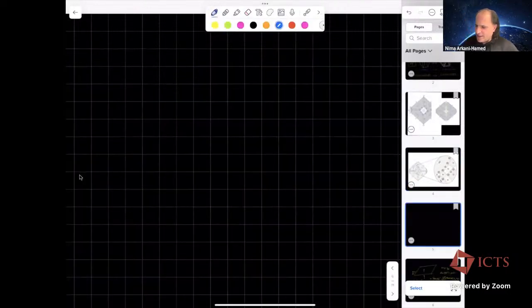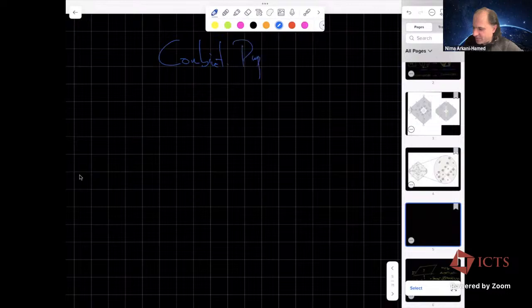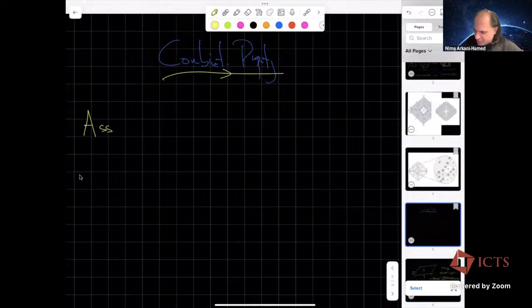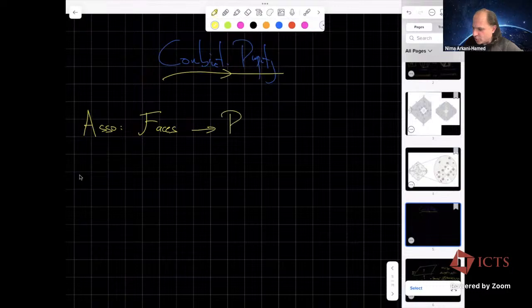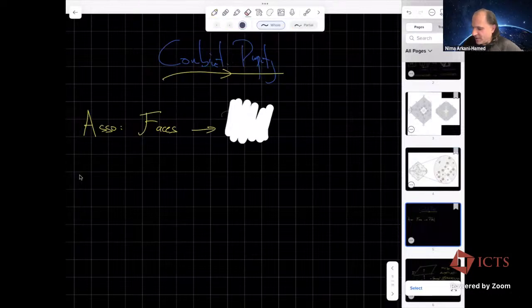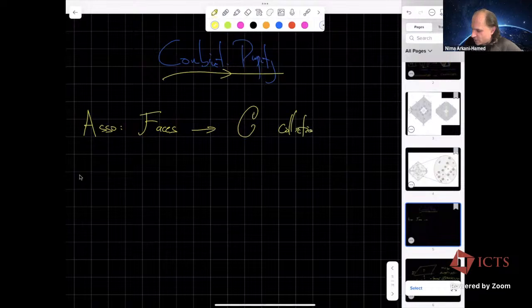So first, what's the combinatorial property, the defining properties? It's very, very simple. The Associahedron is an object where the faces of any dimension are partial triangulations, or collections of non-overlapping chords. Let me call it C, a collection of non-overlapping chords, literally a list of non-overlapping chords.